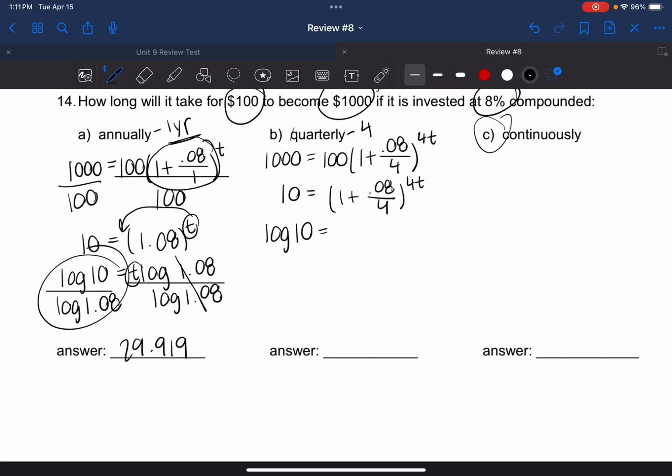So log of 10 equals log of 1 plus 0.08 over 4 raised to the 4t, or I can go ahead and pull that 4t to the front. And then I'm going to divide by everything except t.